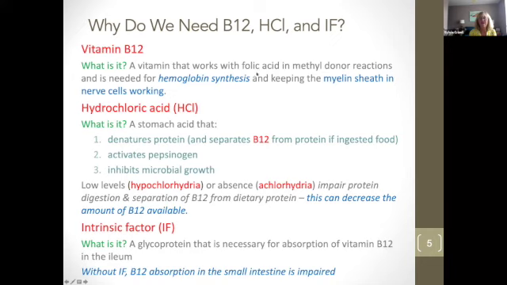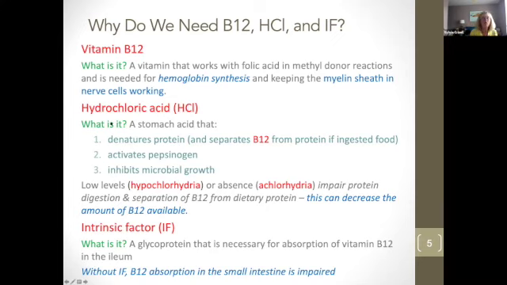And vitamin B12 in particular is needed to maintain the myelin sheath in nerve cells. So we'll talk about deficiency in a minute, but in order for your nerve cells to work and continue working, there needs to be an intact myelin sheath, and we need B12 to keep it that way. So just kind of keep this in your head. If B12 status goes down, what's that going to do?